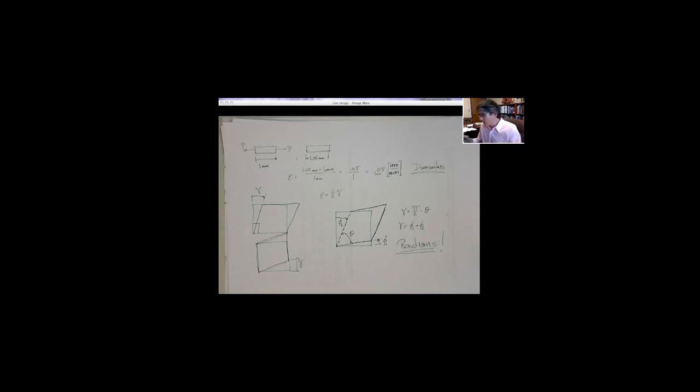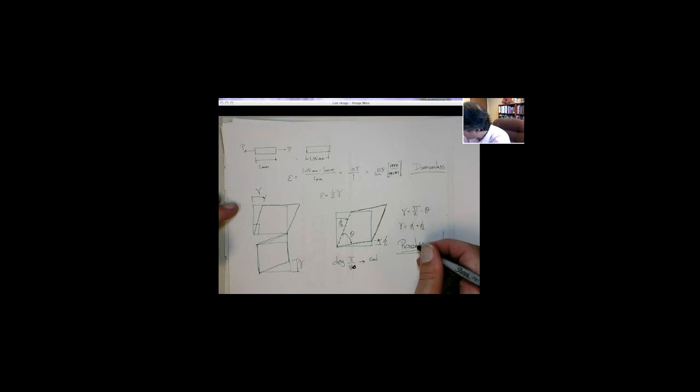You always have to convert: a degree times pi over 180 gives you radians.